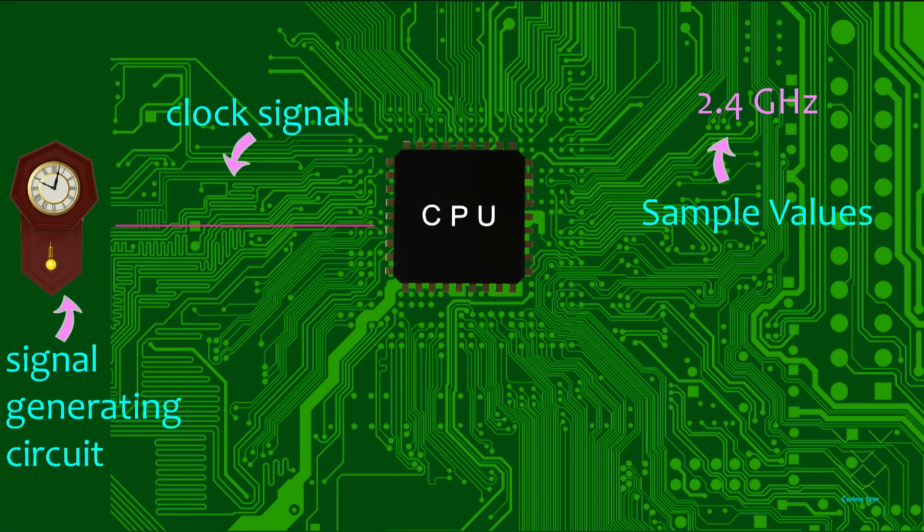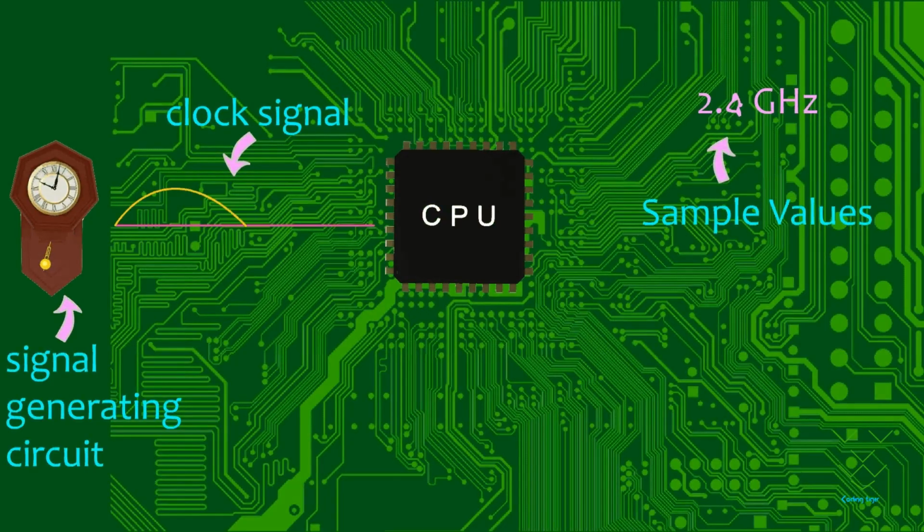Let's discuss that in a different video. The signal used to synchronize the operations of the processor is called a clock signal. The frequency of this clock signal is what we refer as gigahertz to represent the speed of a processor.